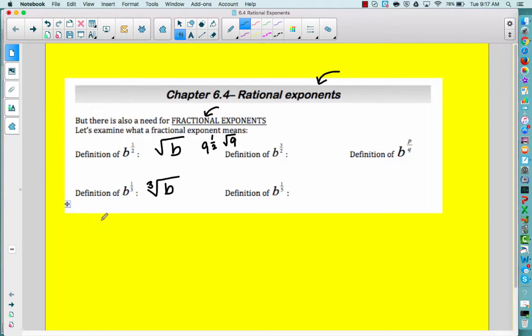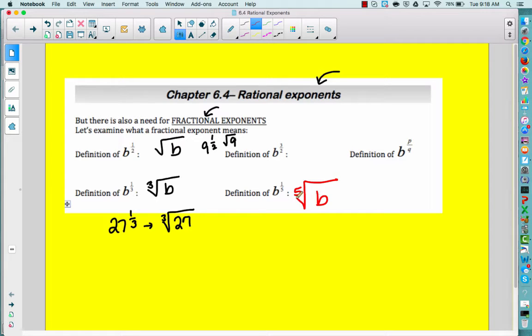So if I give you a number like 27 to the 1/3 power, that actually means the cubed root of 27, making sure I put that index inside the radical. All right, so what do you think b to the 1/5 would be? Well, b to the 1/5 would mean the 5th root of b.